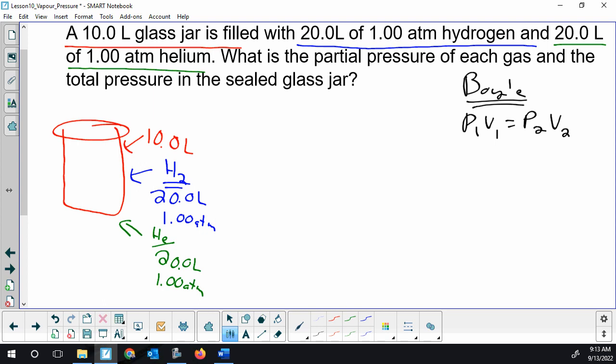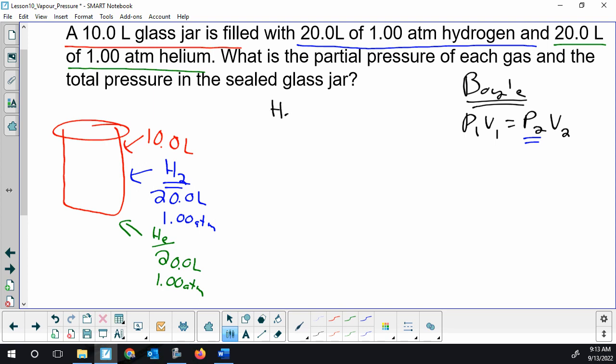We know the pressure before we do anything for hydrogen is 1 atmosphere and 20 liters. After we put it in the red container, which I'm going to call my 2s, we want to know the pressure, and we know the volume is 10. So I'm going to rearrange this for P2, and that will be our partial pressure inside the container. We'll do the exact same thing for hydrogen, and then the same calculation for helium if we need to.